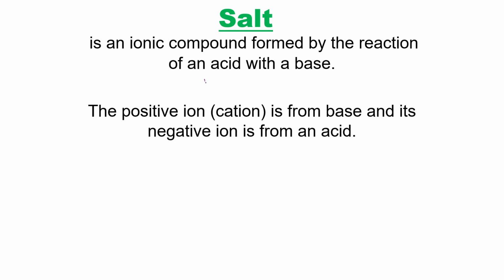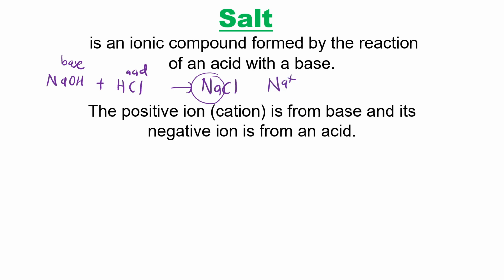Okay, for example kita ada NaCl. So NaCl ialah salt produced from NaOH base and HCl acid. So this one acid, this one is a base. Okay, so positive ion, cation, refer to Na+, so it comes from base, datang daripada base NaOH.